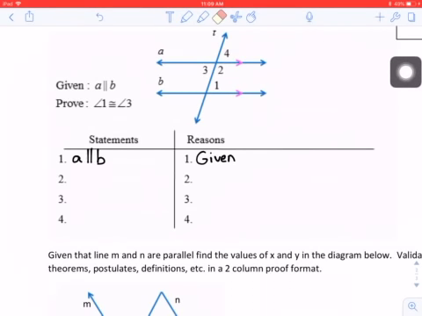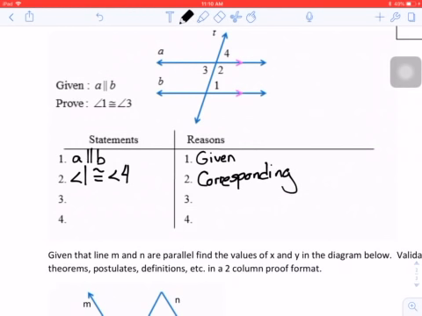So based on the postulate we just talked about, I can say that angle 1 is congruent to angle 4 because they are corresponding angles. That's the corresponding angles postulate. And again, I'm going to use POST for postulate. Boom. So we have that angle 1 is congruent to angle 4.